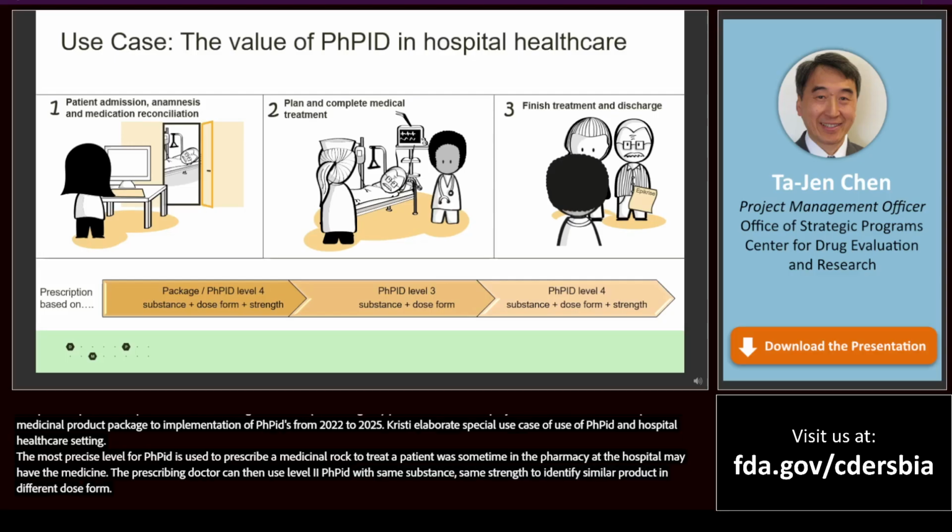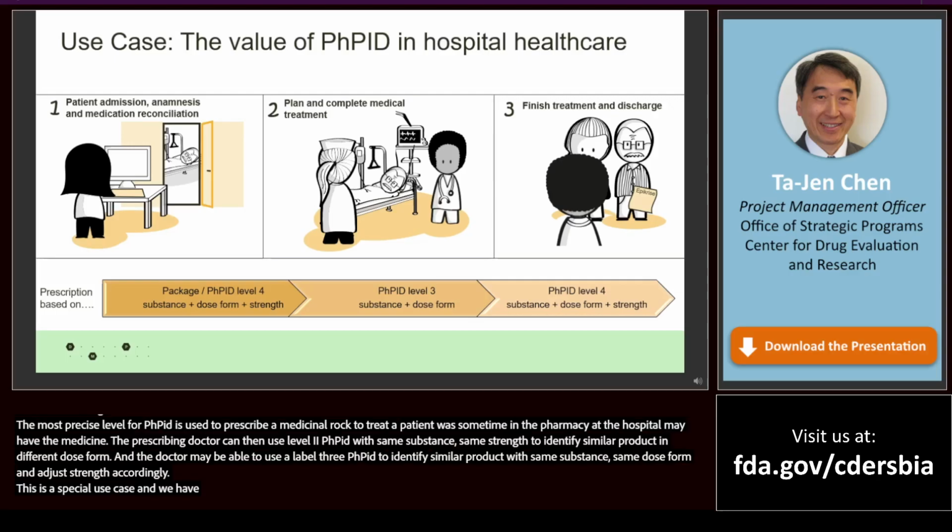Or the doctor may be able to use a level 3 PhPID to identify a similar product with the same substance, same dose form, and adjust the strength accordingly. Now, this is a special use case, and we have trained healthcare professionals making educated decisions for patients.